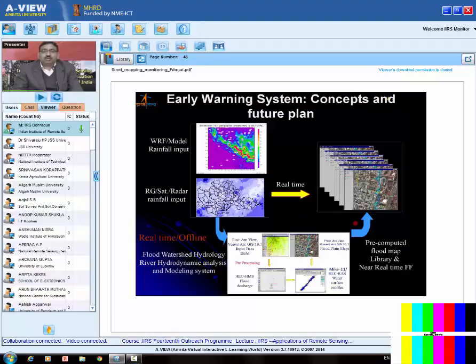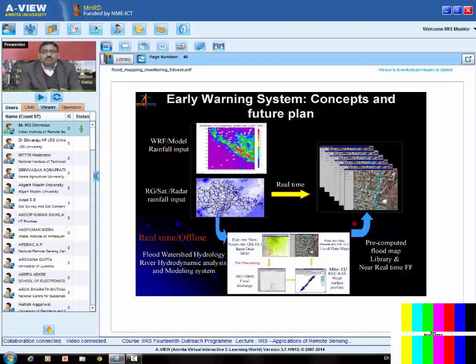So what is the total conceptual framework? First, we should have all the database in a GIS environment. Second, we should have a WRF model or any model. In fact, this is the most famous model. People are using it. Even our own meteorological department is using this model.